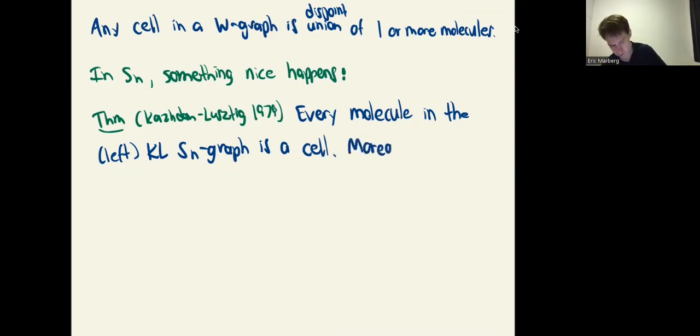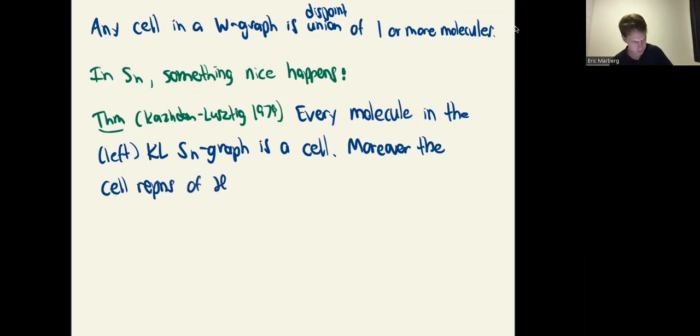Moreover, the cell representations of H(S_n), the left cell representations of the Hecke algebra of the symmetric group, are all irreducible.